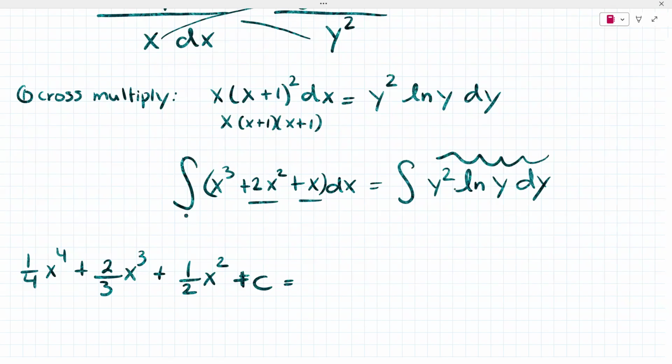They're multiplying two products. So when you're multiplying two products, you're going to have to use integration by parts. When you have two multiples in an integral, you're most likely going to do integration by parts.